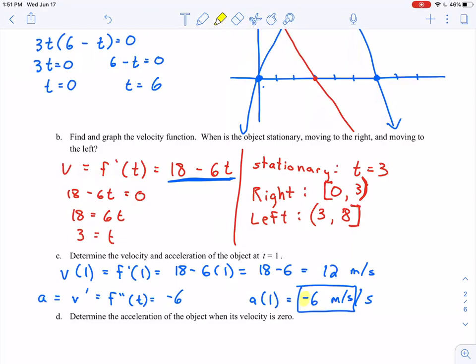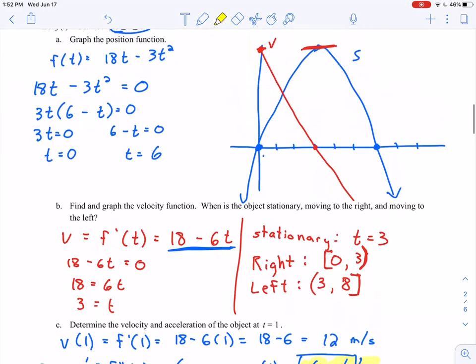Negative. So okay, it's negative. That means my velocity is negative. Or excuse me, my acceleration is negative. So my velocity is decreasing because my acceleration is negative. I'm losing velocity. My velocity is going down by 6 meters per second every second.